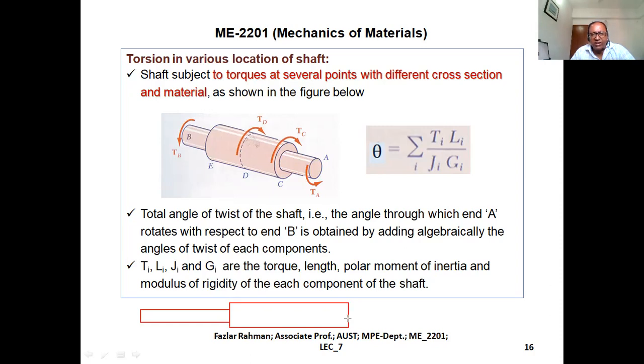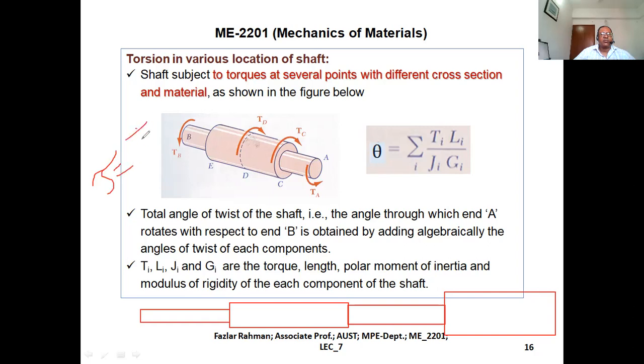Then you might have another shaft right over here. So all four shafts have different diameters, different sizes. In that case, how are you able to figure out the value of theta, that means the angular deformation?